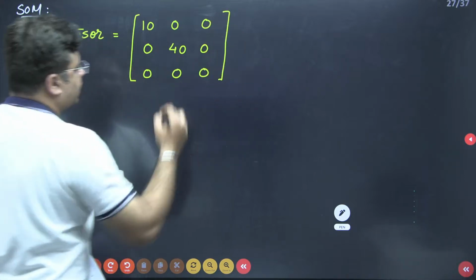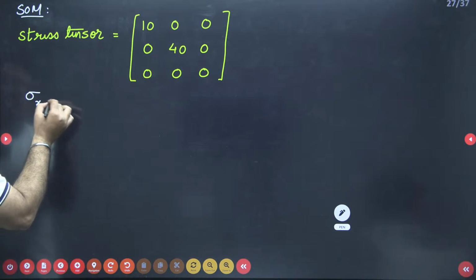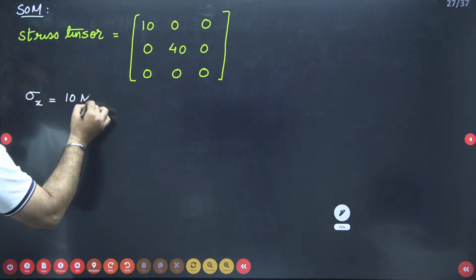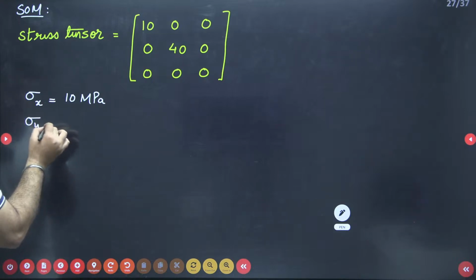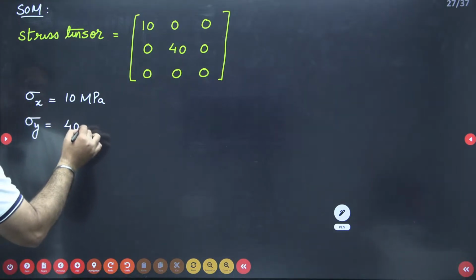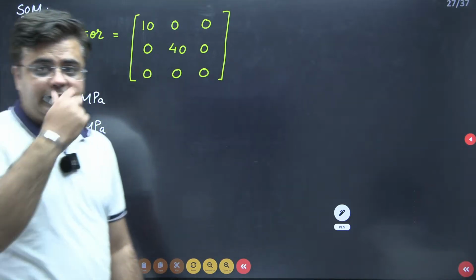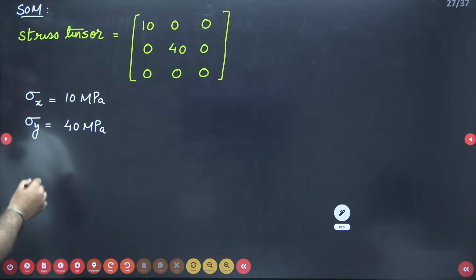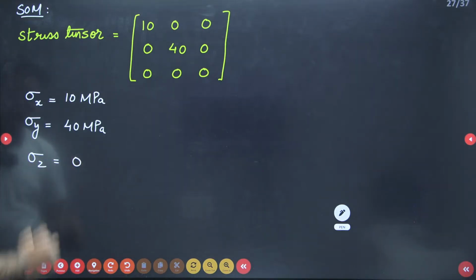So from here you can clearly see that the value of sigma x is 10 MPa. The value of sigma y is 40 MPa. Since this is a 3D state of stress, sigma z is equal to 0, right?